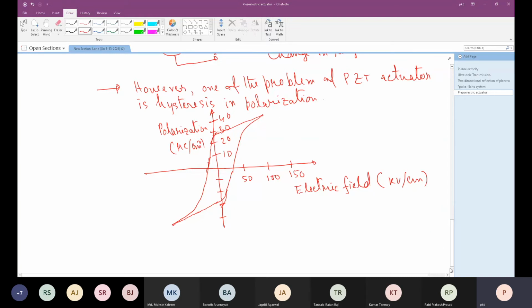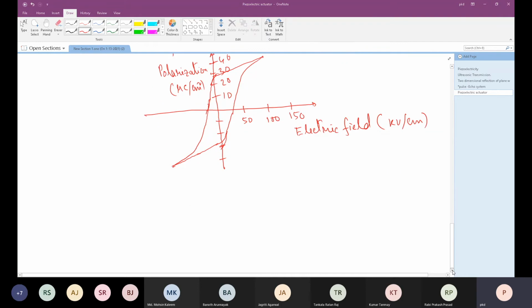Because of this, the efficiency may suffer a little bit in the case of BZT.